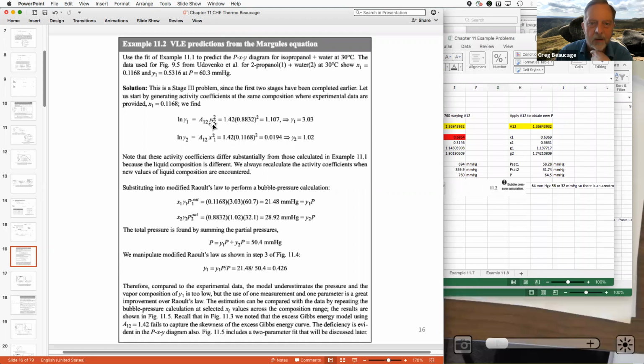And then the composition 11.68 for X1, then X2 is going to be 1 minus that, 88.32. So from the composition and the A12 from the other example, you can get the gammas.